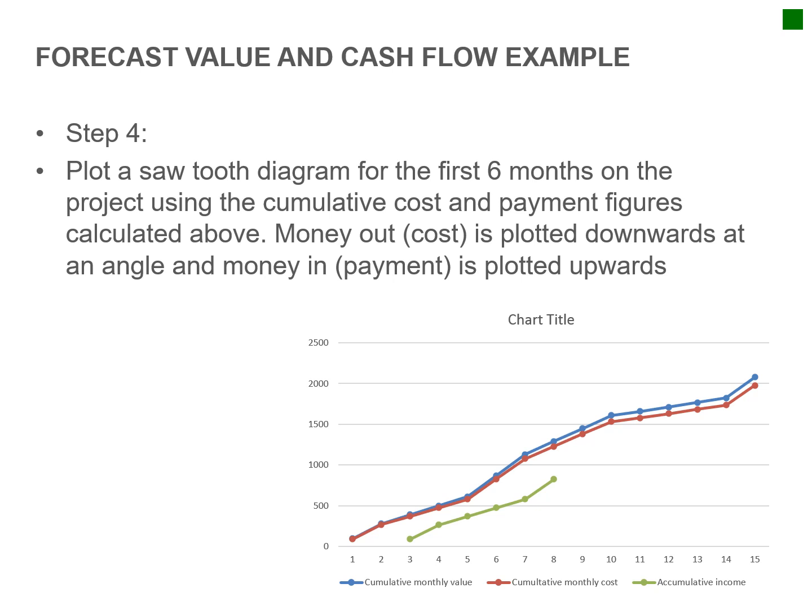So step 4, plot a sawtooth diagram for the first 6 months on the project using the cumulative cost and payment figures calculated above. Money out is plotted downwards at an angle, and money in, payment, is plotted upwards. Okay, I didn't do that. I don't know how to do that on Excel, to be honest, but it's easy to do by hand.